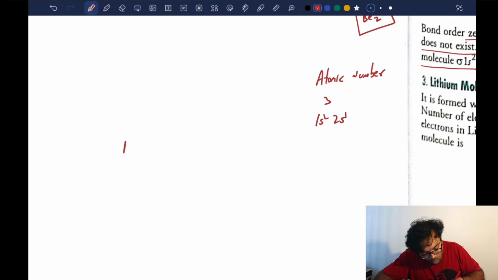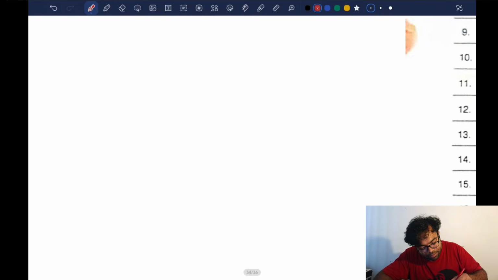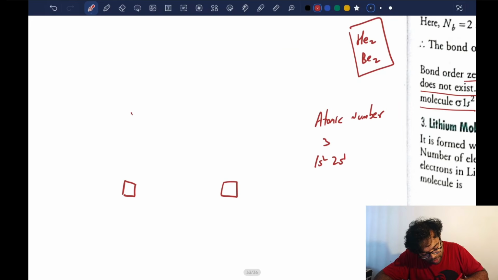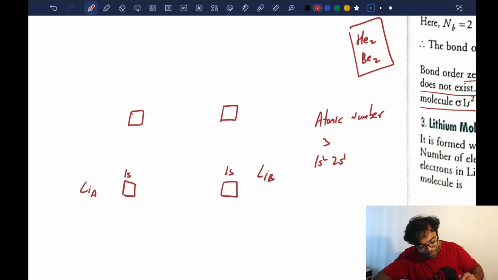We have 1s from one lithium, another 1s from the other lithium, then the 2s from one lithium, another 2s from the other lithium. This is lithium A, this is lithium B. Now the 1s orbitals are bringing with them 2 electrons each, so all in all, 4 electrons.